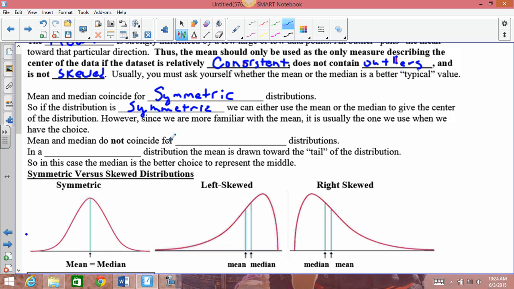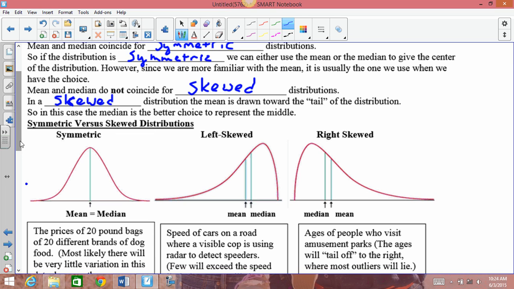The mean and median do not coincide for skewed distributions. In a skewed distribution, the mean is drawn toward the tail of that distribution. So in this case, the median is the better choice, because the mean is obviously being drawn to one side.